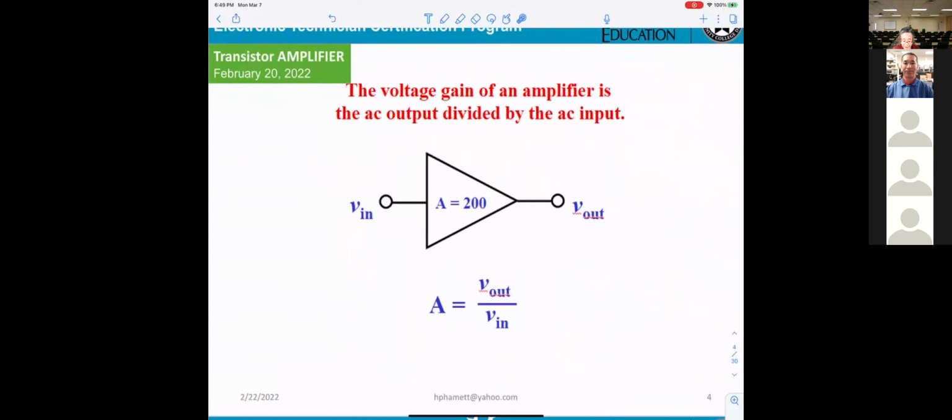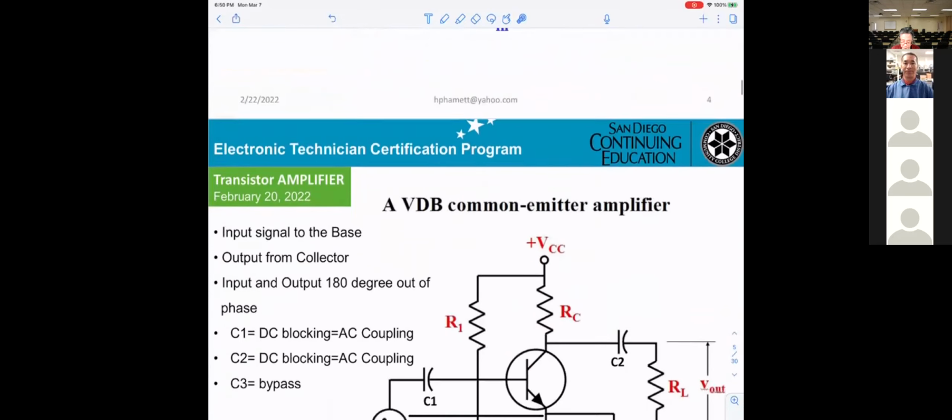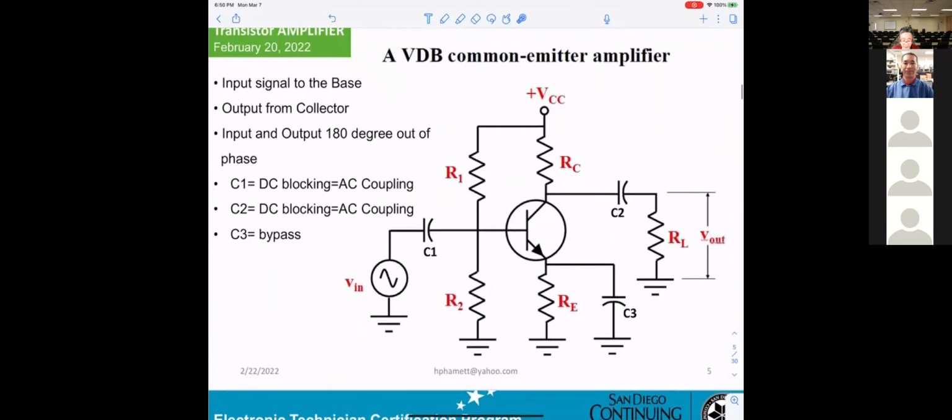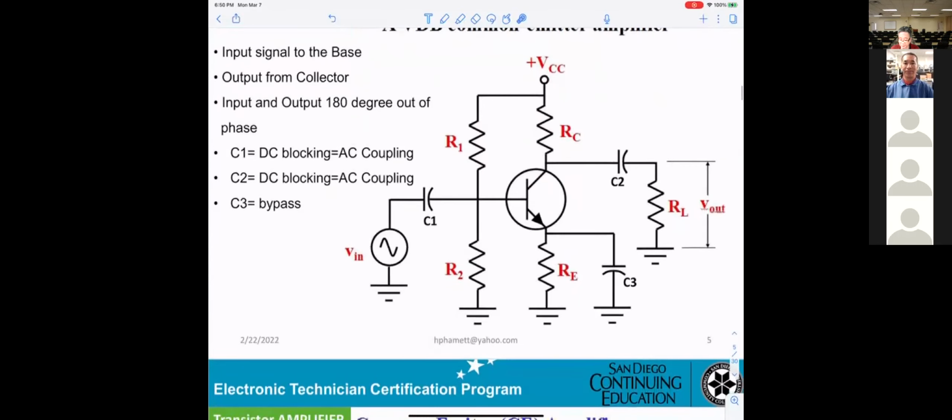This one you already know. You get the input here, you get the output here, and the gain, by definition, is Vout divided by Vin. That's the gain. Now, on this circuitry here, they call it common emitter.